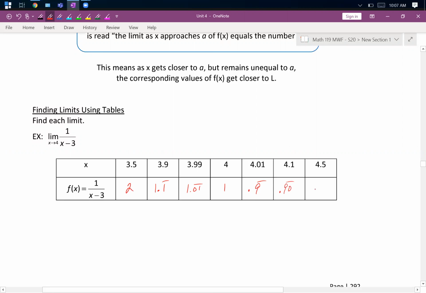And then 0.6 repeating. All right, so if we take a look at what's happening as we approach 4 from both the left and the right, what are we noticing is happening at 4? Well, we're getting closer and closer to 1. So that's what our limit is.